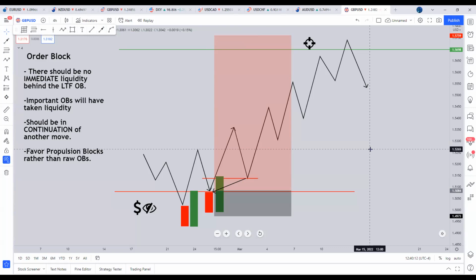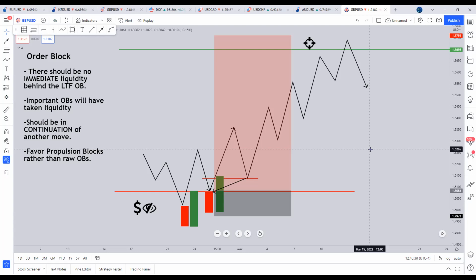So what does it mean by immediate liquidity? Immediate liquidity simply means that there's an obvious fair value gap behind it, or that there are equal lows behind it.